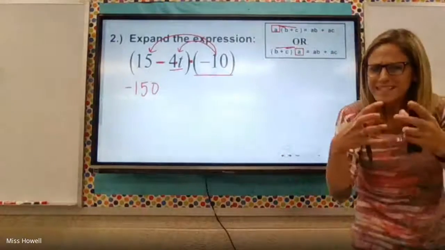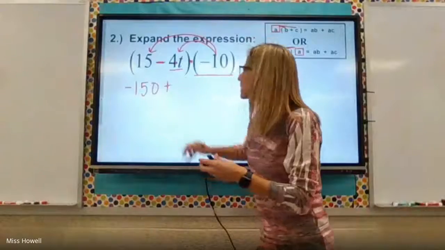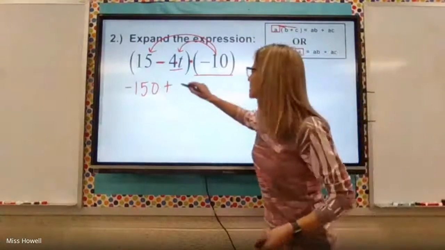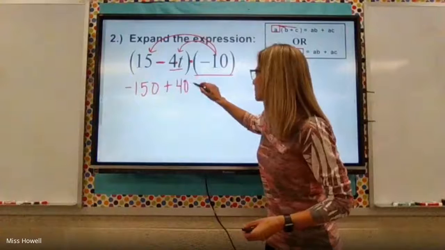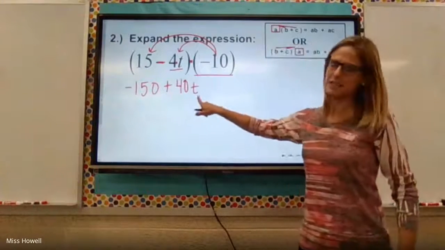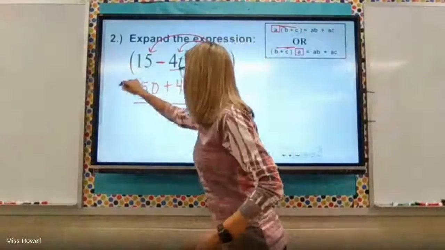We want to put all that together. So negative times negative is a positive, which will look like a plus. 10 times 4 is a 40, and a 40 being multiplied with t is still a 40 times t, which looks like this. Once we get here, this is just a number. This has a t. They are not like terms. Don't go any further. You're stuck there.